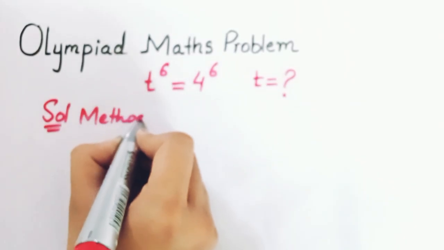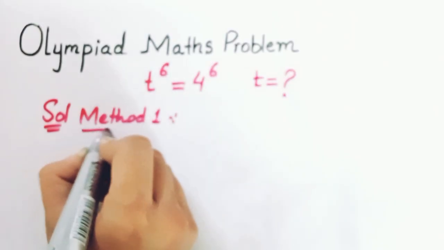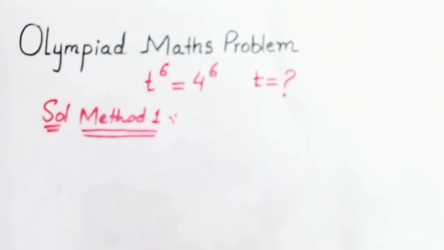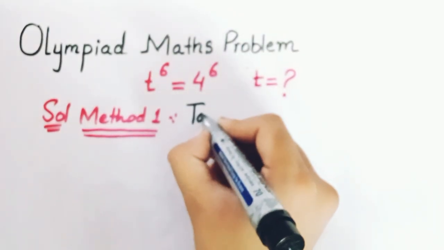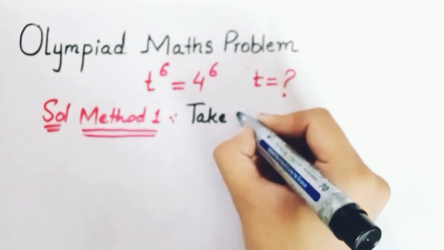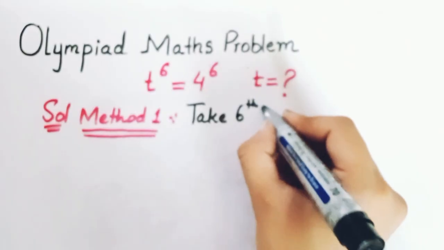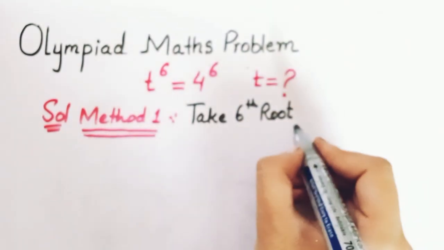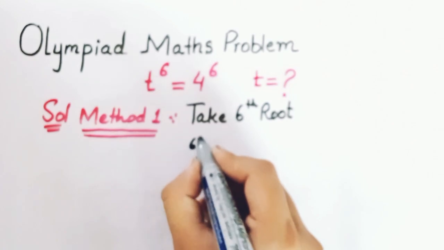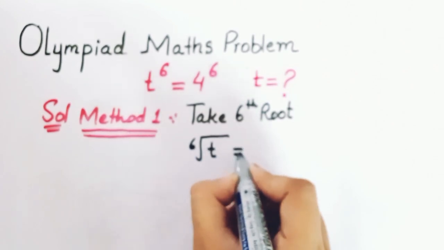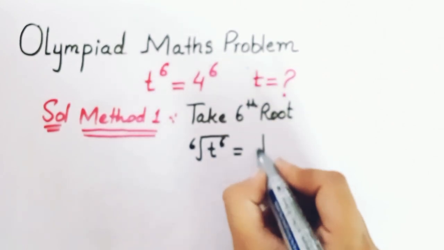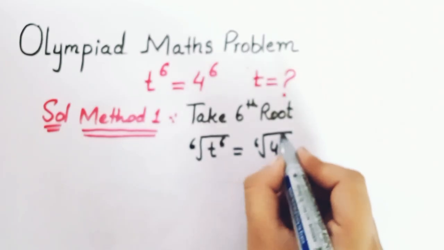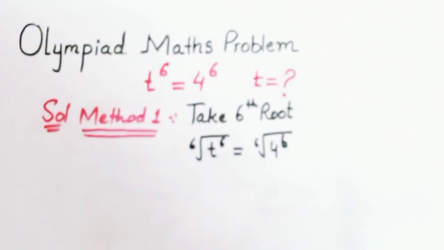Method 1 says that you have to take the sixth root on both sides. So t to the power 6 and 4 raised to power 6.